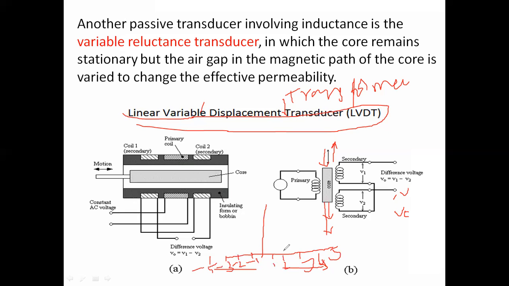Okay, so if the displacement is at 1 centimeter, you will get this much voltage. Similarly at 2 centimeters, we will get another voltage difference. This is the voltage line, the Y-axis is the voltage line.